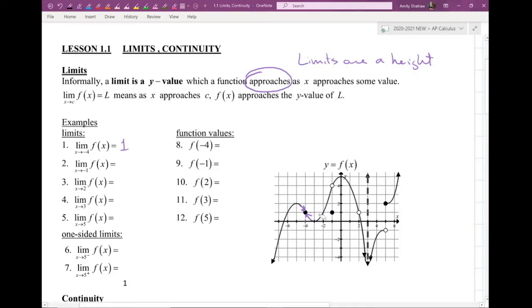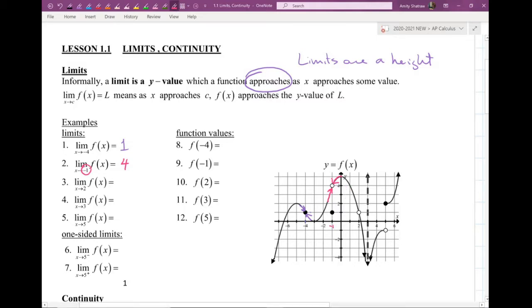Okay, so now I've talked about that one. I want to go ahead and look at -1. What's happening at -1? Well, there's a dot there, but that's not what the function is approaching. When I look at what we're approaching, I draw those two arrows. We are approaching a height of 4. Now, we will never get there because it's not allowed to be existing at 4, but it is definitely getting close to 4.